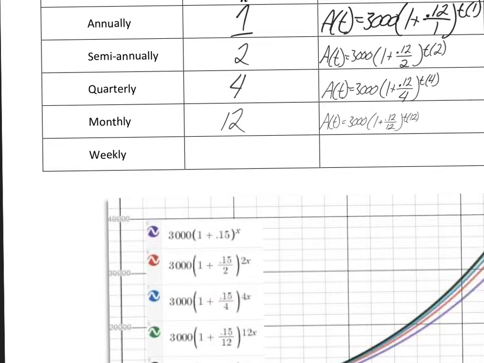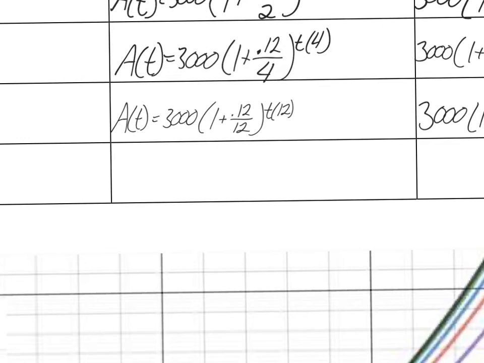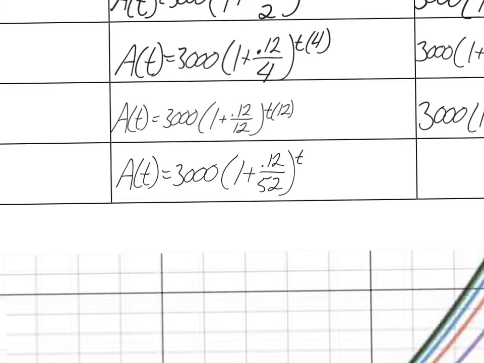Okay, weekly, very last one. How many weeks are in a year? 52. So just like before, A of T equals 3,000 times (1 plus 0.12 divided by 52) to the t times 52.